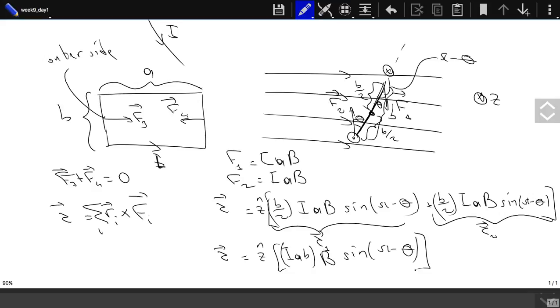Now we would like to write this in terms of some vectors. We already know that B is the magnitude of a vector. There is the sine of an angle which just resembles the vector product. We only need to identify I times AB with the magnitude of another vector. And that vector is what we call the magnetic dipole moment.